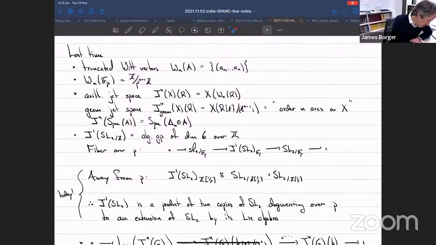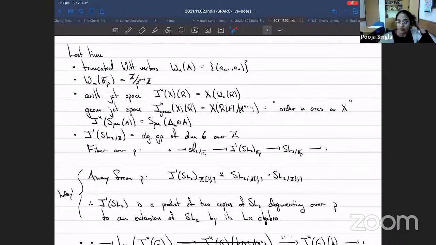Okay, so just to review, what did we do last time? I defined the truncated Witt vector rings, which are just truncations of the infinite one, and the ring operations are perfectly well defined. You don't need the higher components to define the ring operations on the lower components. And then I proved that there's an isomorphism like this, in fact, a unique isomorphism.